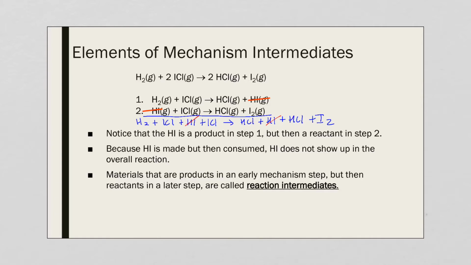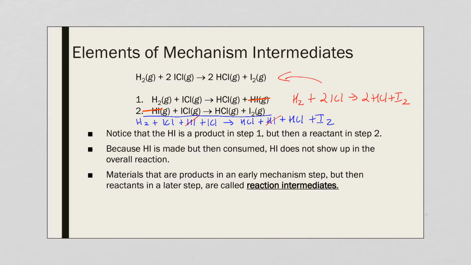And if I rewrite this, what do I get? I get H2 plus 2 ICl goes to 2 HCl plus I2, which matches my overall process. So one of the things that's key if we're going to write a mechanism is that the elementary steps have to add up to the overall process.